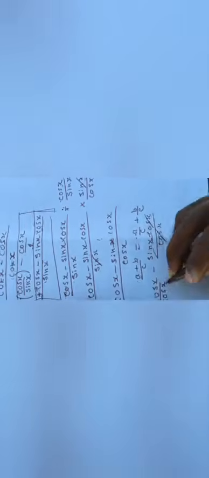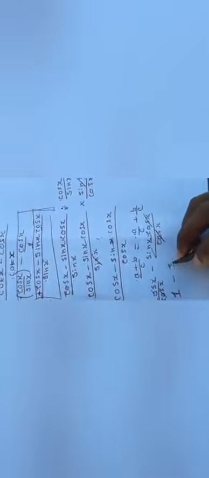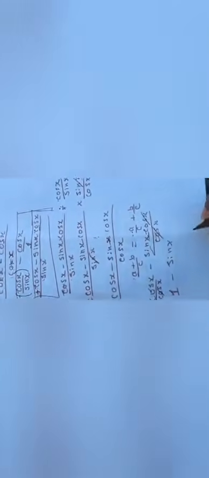So this and this will cancel, this will cancel. Eventually I'm going to have 1 minus sine x. And we've proven, because we've ended up with what we're having on the left hand side. So we can say hence proven.